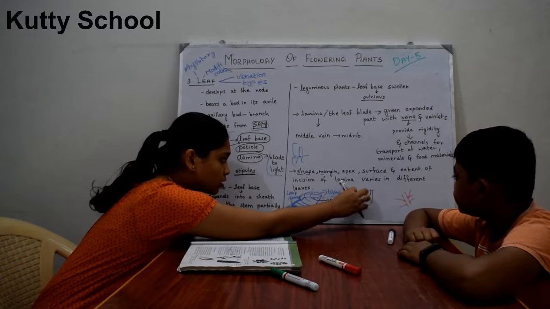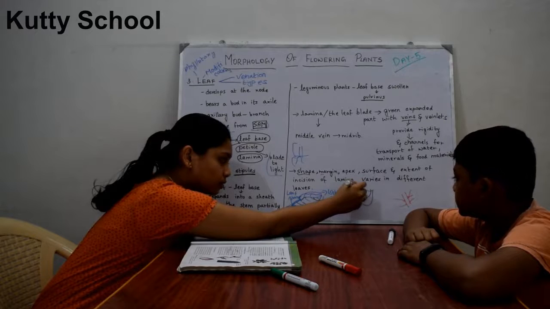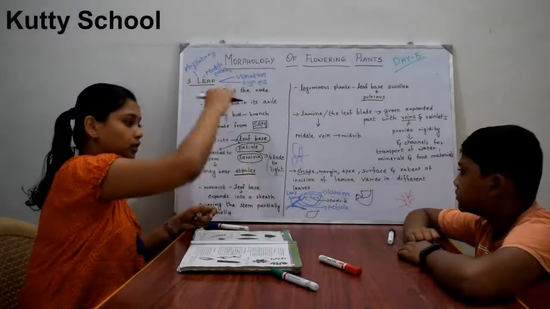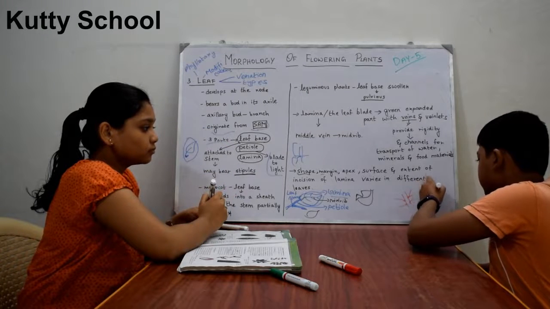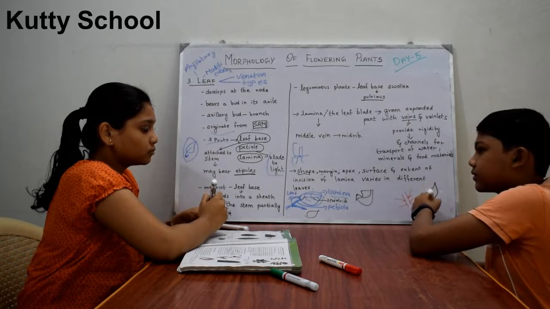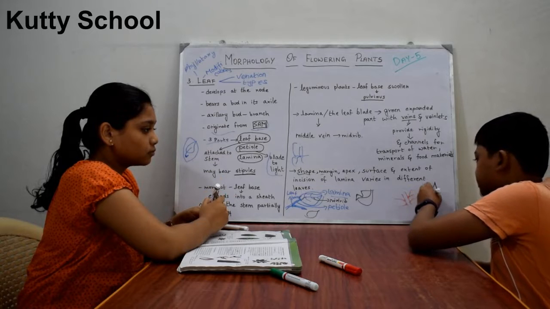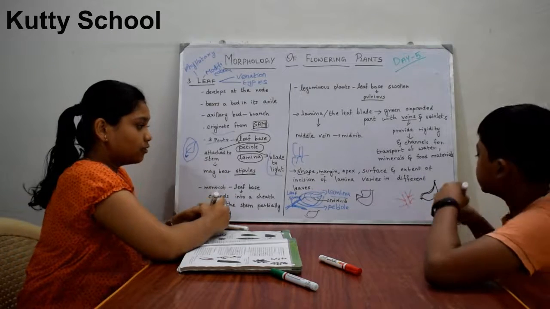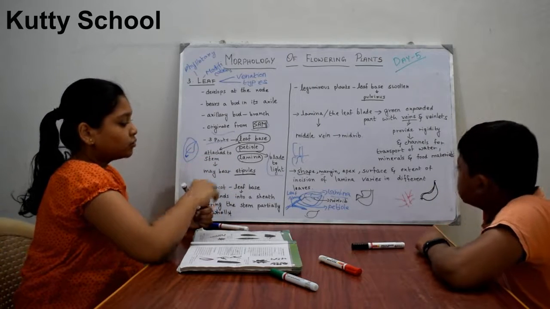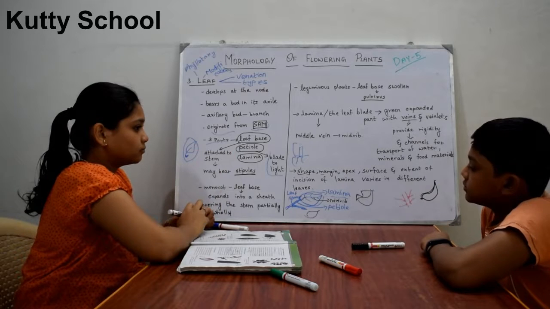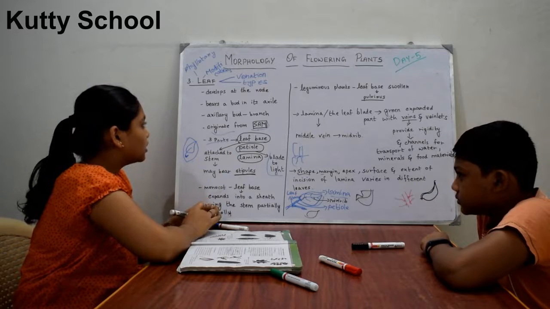In some leaves the incisions go inside like this. That is incision of lamina. That also differs in different leaves. So this is generally about leaves.